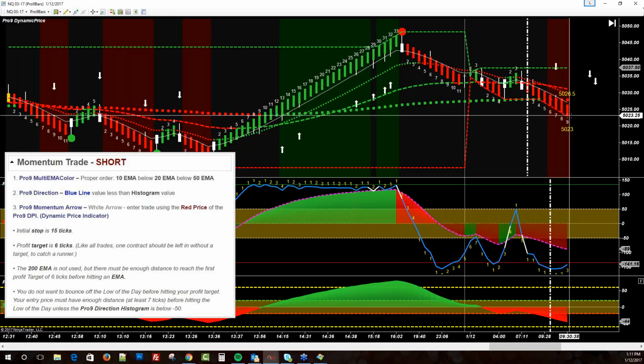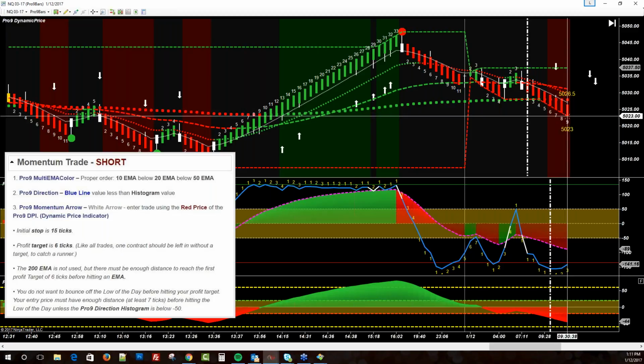Since we hit our profit target in the middle of the bar, you may sell your first two contracts, adjust the stop on the runner to break even, and then the price will wiggle back up and stop you out. That's going to happen sometimes, but that's okay because we've already hit a profit target. We already got 12 ticks out of the trade. And I'm happy with 12 ticks compared to none.